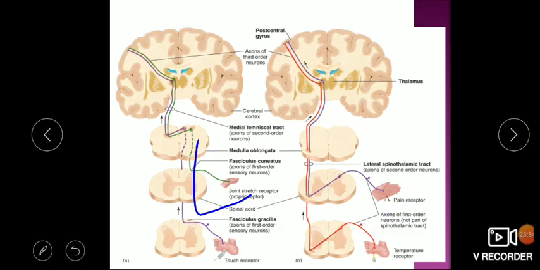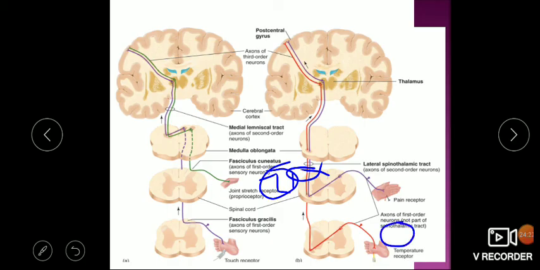We will know the importance of this level of crossing when we discuss transection of the spinal cord. When a patient comes with injury, there you will see a classical difference. For example, a patient comes with injury here, there is damage somewhere here. What will happen? The patient is getting injury on the left side, but he will have a difference in sensation on the right side.